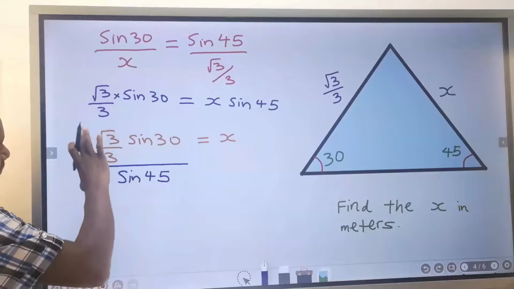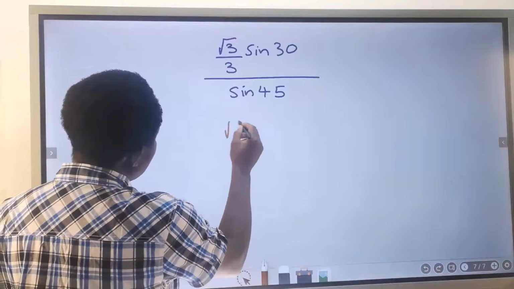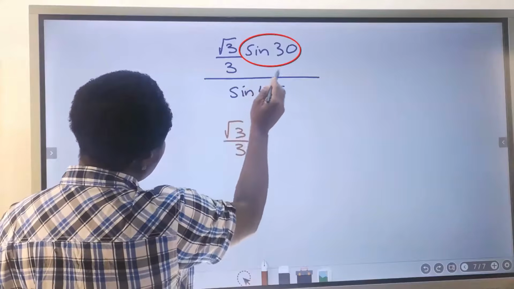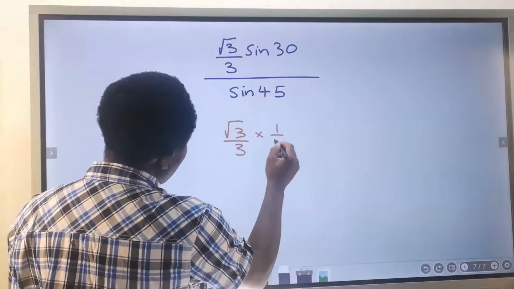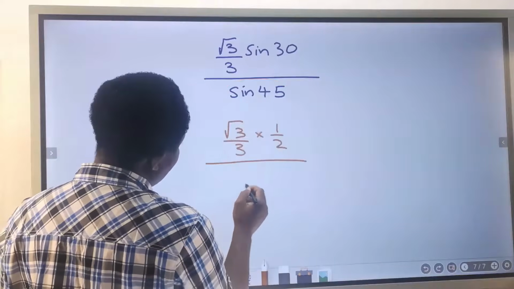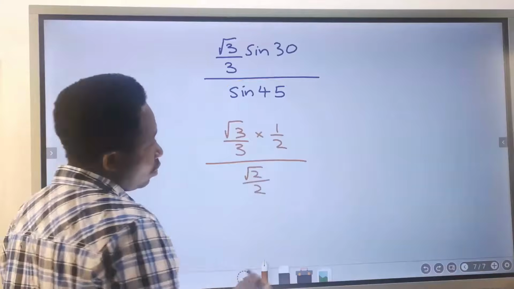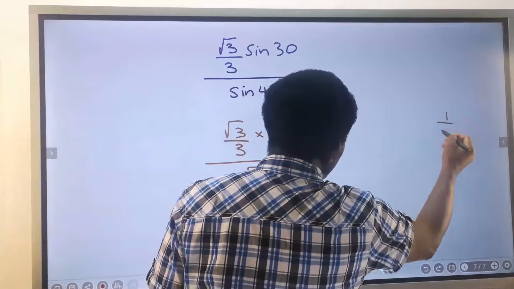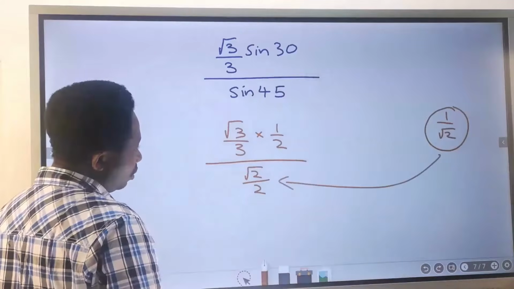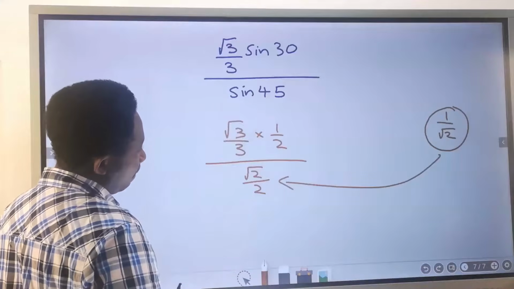Next, we're going to simplify this, and here we're going to have that root 3 divided by 3 times sine 30 is 1 over 2 divided by sine 45 is root 2 over 2. When you rationalize 1 over the square root of 2, you are going to get the square root of 2 divided by 2 for sine 45.